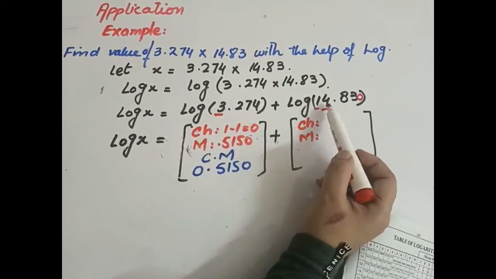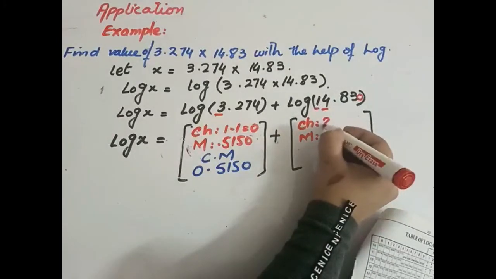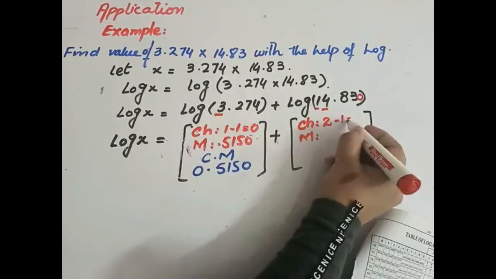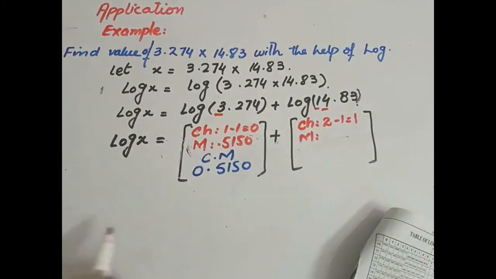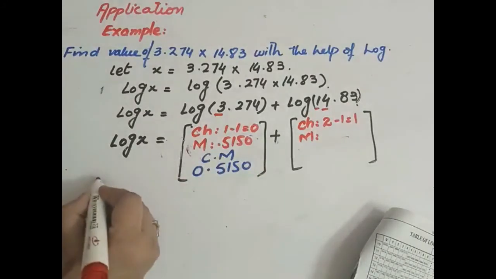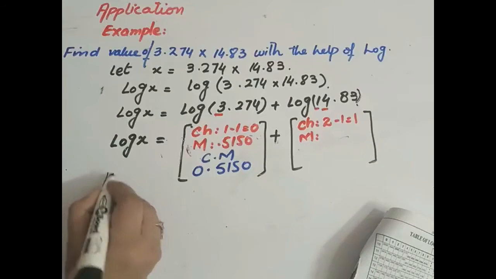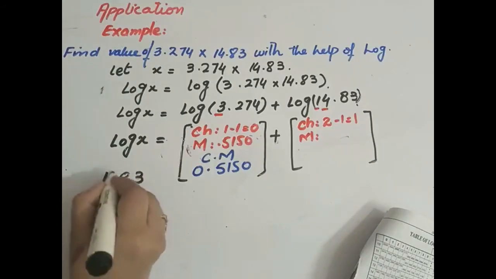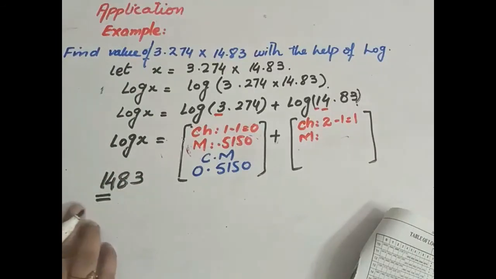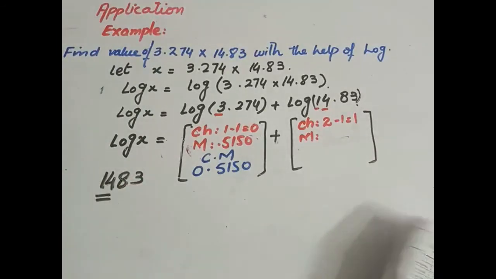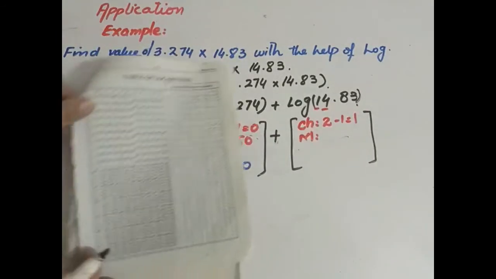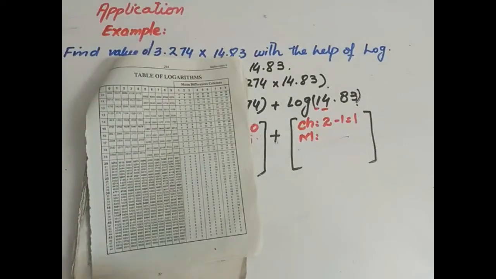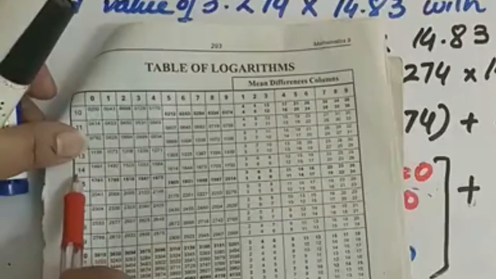Same here, we have to find the characteristic. You can see that in its integral part there are 2 digits, so 2 minus 1 is equal to 1. For the mantissa we have to ignore the point, so we have 1483. We have to see 14 in the 8th column of table C14.